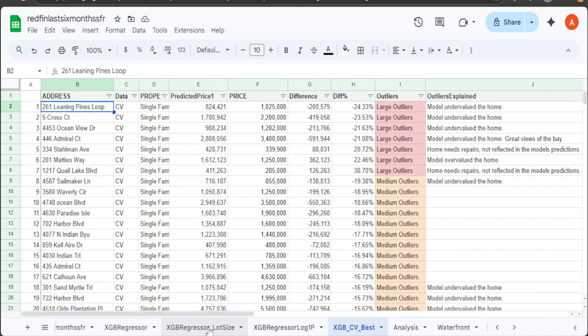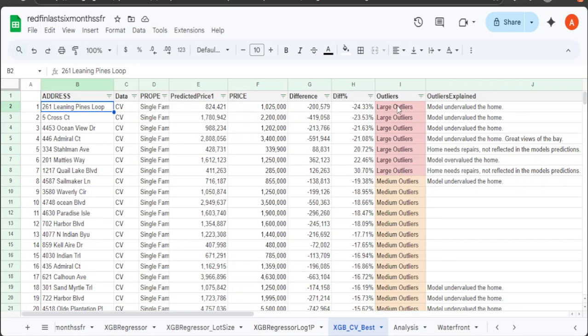You can see here this was our lot size. All the lot sizes were inputted into our data set, and then our regressor with the log1p was applied here, and our XGBoost cross-validation best boosting is this spreadsheet.